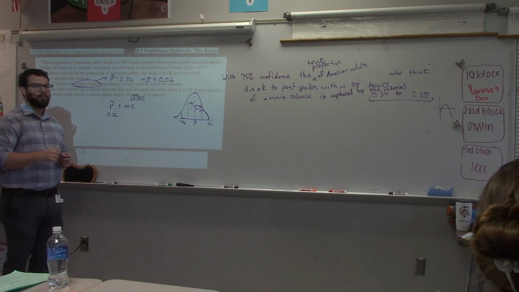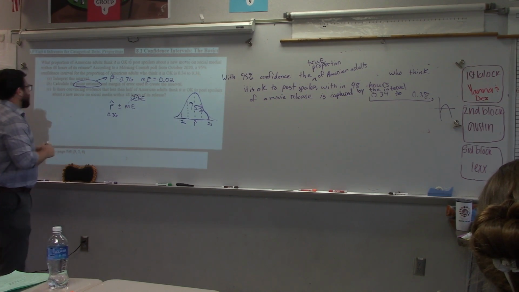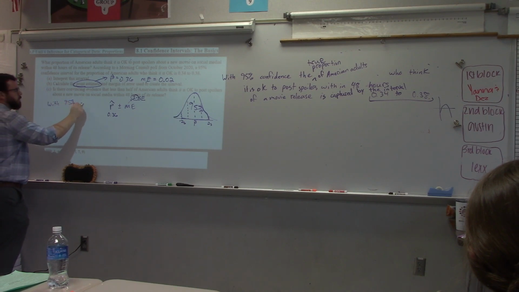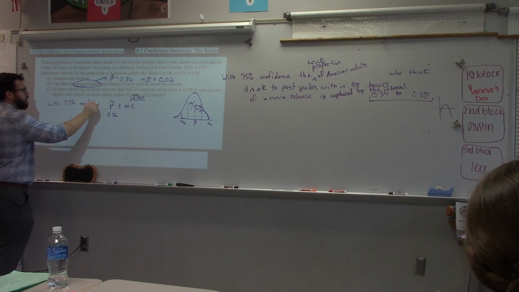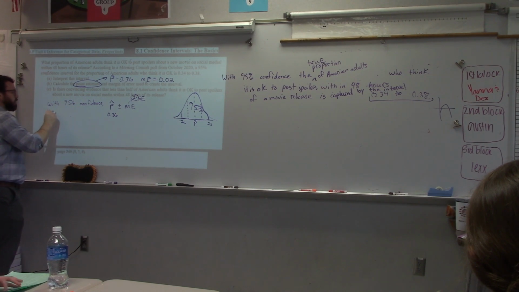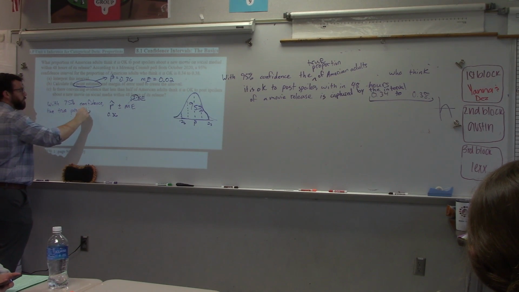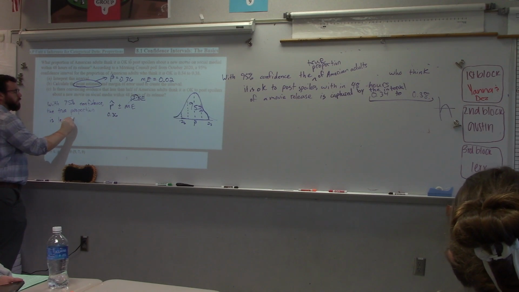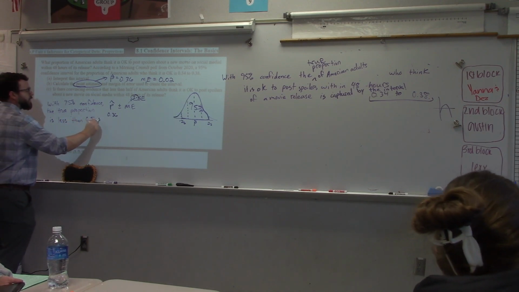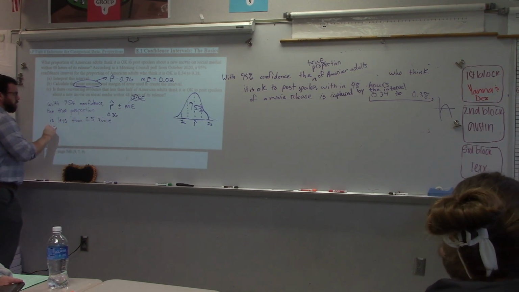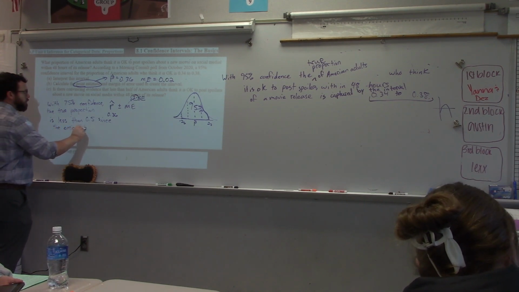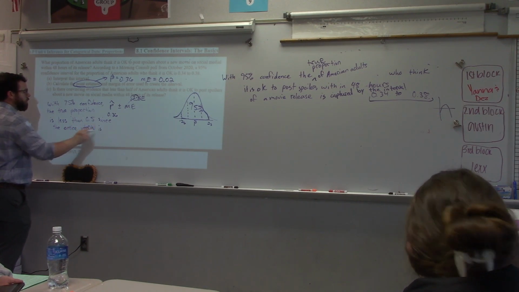Okay, Bryson. Can you restate what you said for C? You said with 95% confidence, the true proportion is less than 0.5, since the entire interval is less than 0.5.